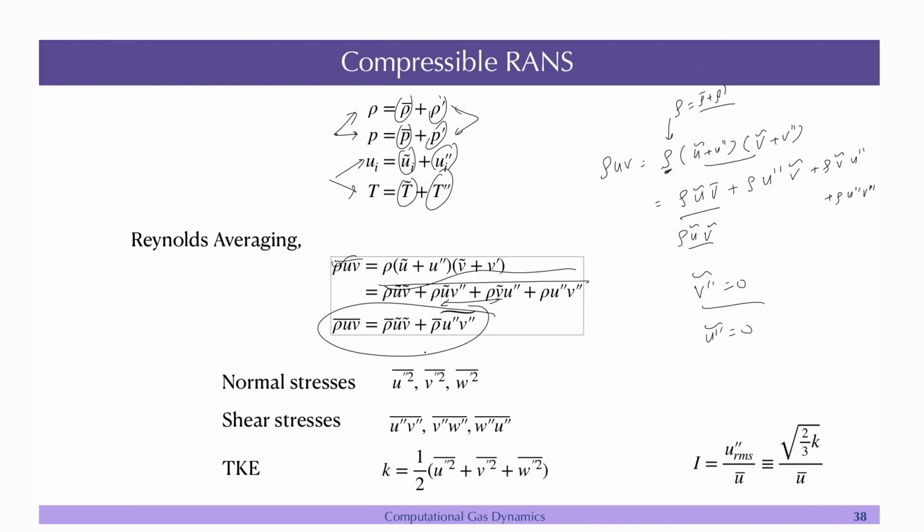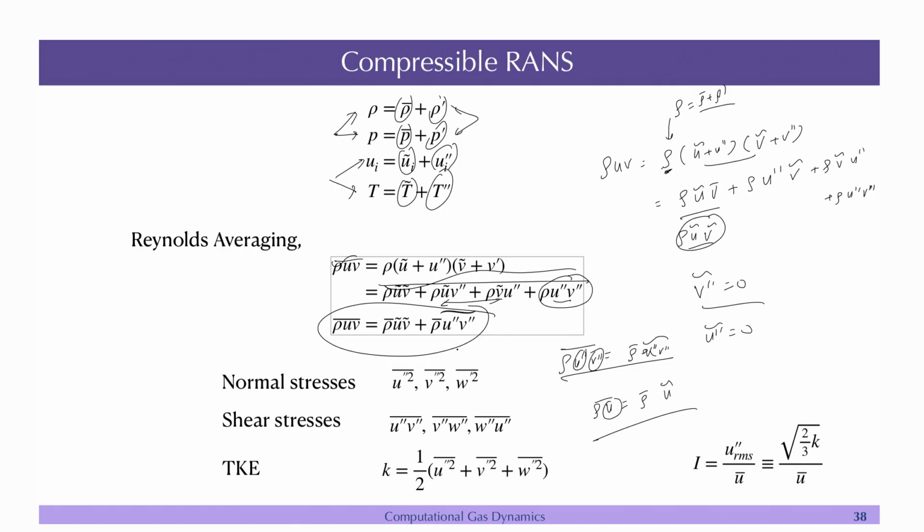So, this quantity will survive, and so this will be rho u double prime v double prime, and then you have bar. So, this will be rho bar u double prime v double prime tilde. Okay. So, this is all coming from the definition that we have, rho u bar equal to rho bar u tilde, that was the definition. So, now instead of u, you replace with u double prime v double prime. Okay.